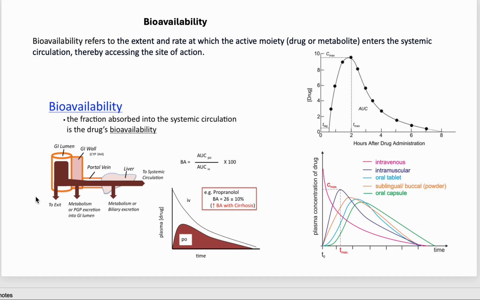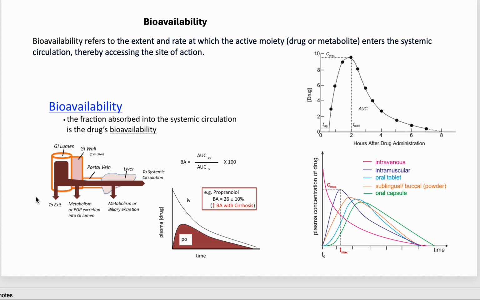In case of intravenous injection, the bioavailability is 100%, because in oral route of administration, most of the things are metabolized on their way before reaching the target, whereas in case of IV, because it is directly injected into our veins, they are 100% bioavailable.